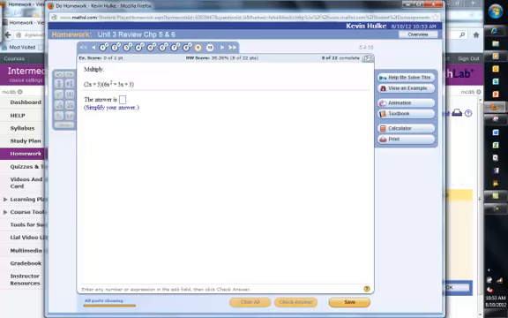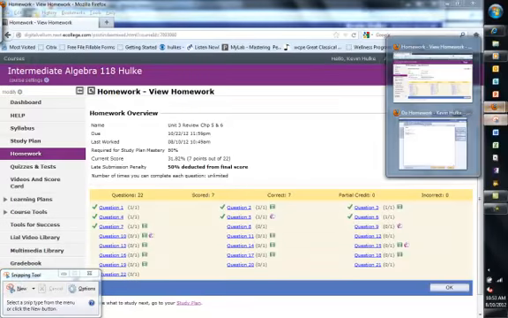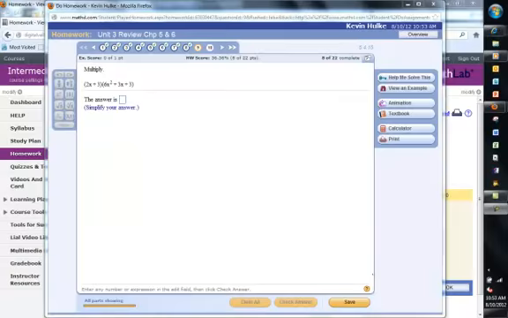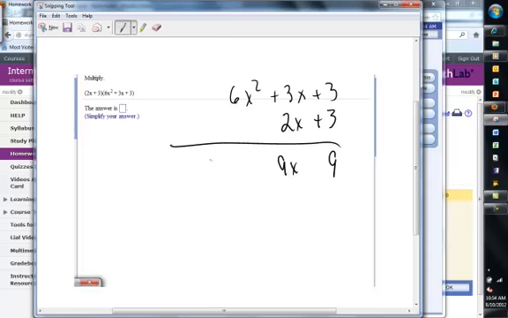Number 9, multiply. So we take 6x squared plus 3x plus 3 times 2x plus 3. 3 times 3 is 9. 3 times 3x is 9x. 3 times 6x squared is 18x squared. 2x times 3 is 6x. 2x times 3x is 6x squared. 2x times 6x squared is 12x cubed.